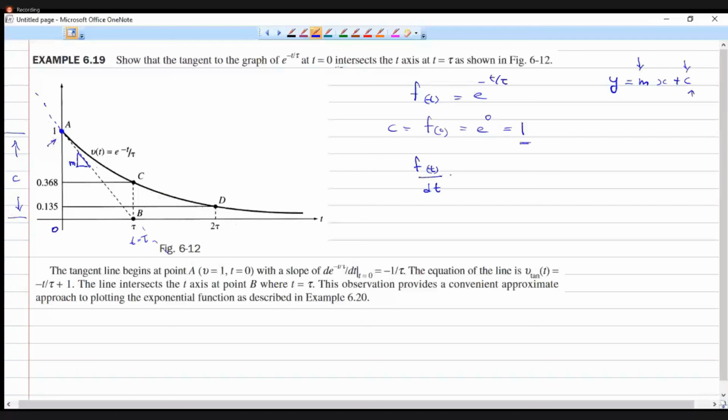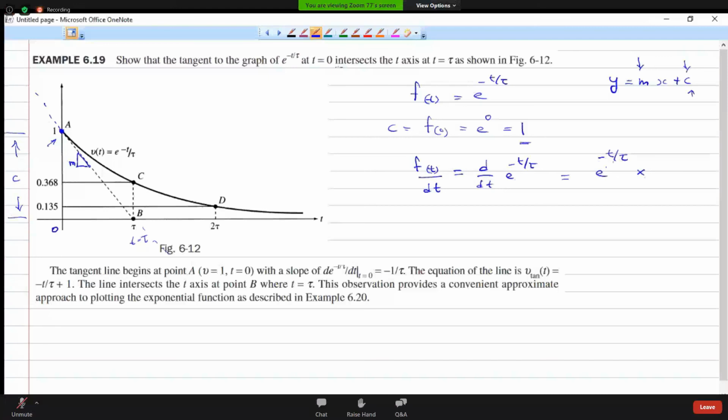So what is df by dt? It will be d by dt of e power minus t by 2, which is e power minus t by 2. What is the derivative of e power x? It is e power x, right?